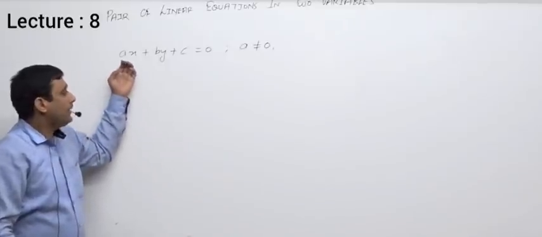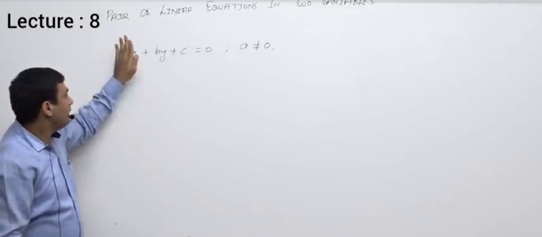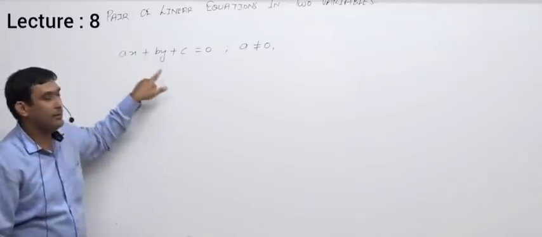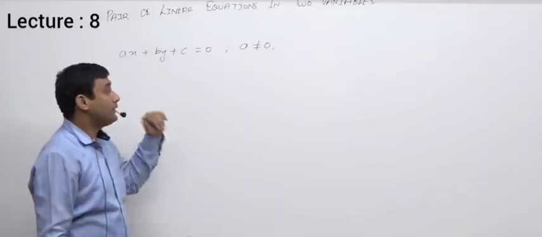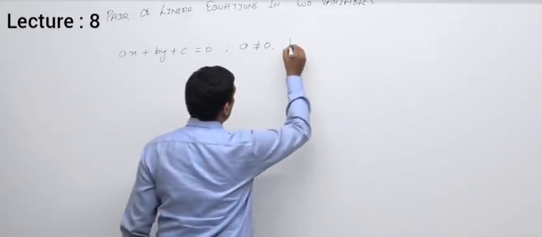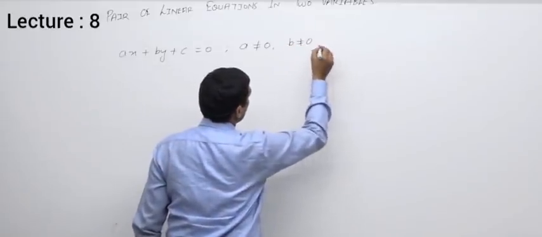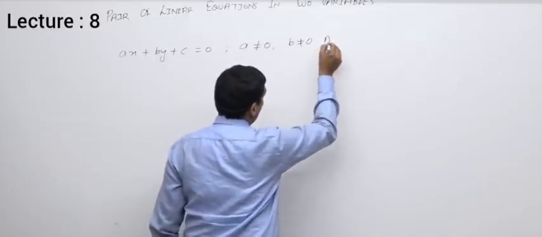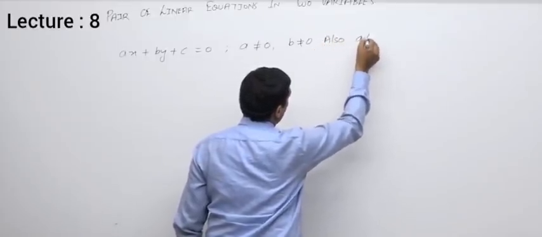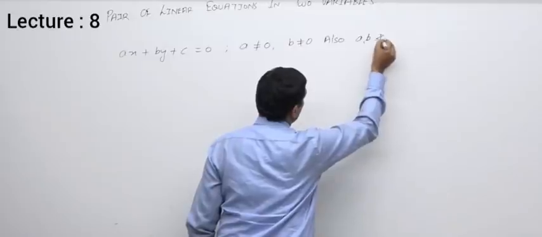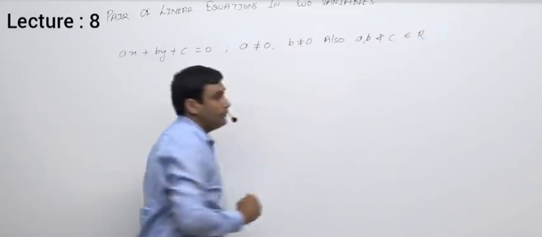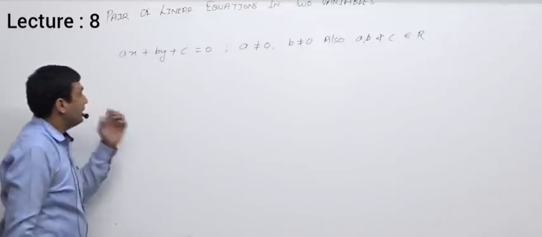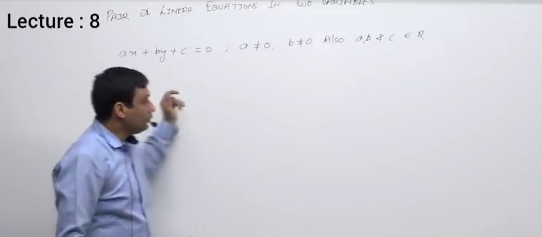Because as soon as a becomes 0, this term will be eliminated and we will get only one variable, so it won't be a linear equation in two variables. So a should not be 0, and b should not be equal to 0 as well. Also, a, b and c all three must belong to the set of real numbers. That is the linear equation in two variables.